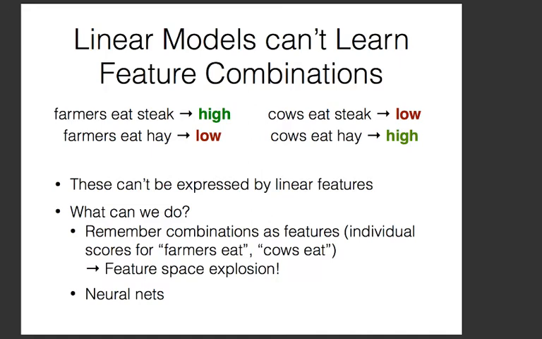So actually that would have been a better example: farmers eat hay and farmers grow hay. You really need to know that it's not just that you had farmers 2 times ago, but you actually need to know all 3 words to modify this probability.